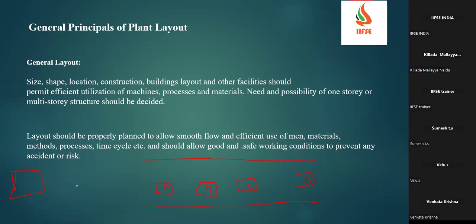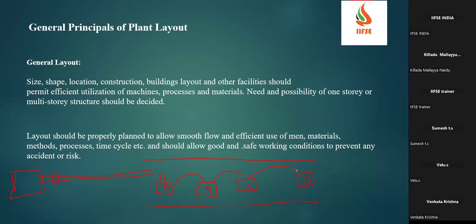So our plant design should be such that, if the material is very heavy, I have a track, the material comes on the trolley, and I directly put it onto the machine. Then it will go to B, then to C, then to D.